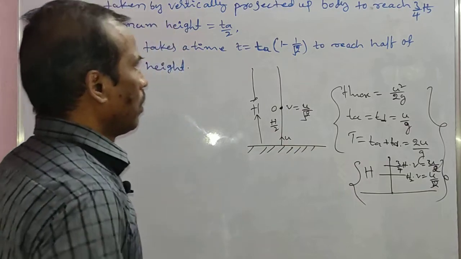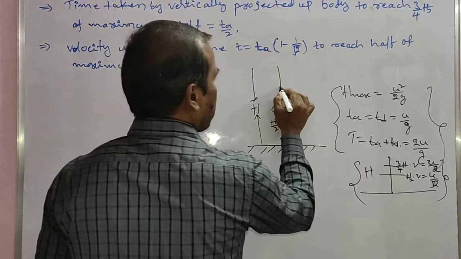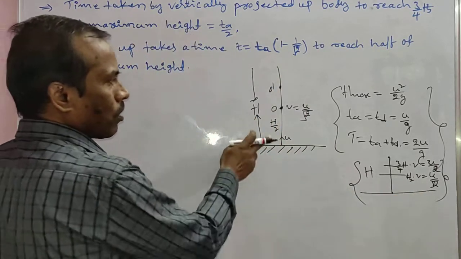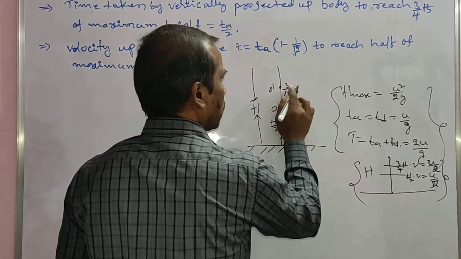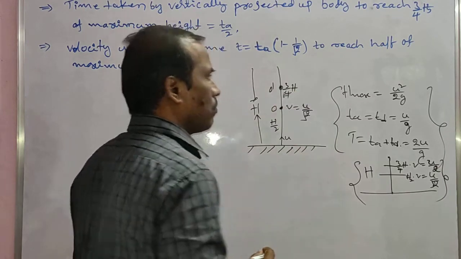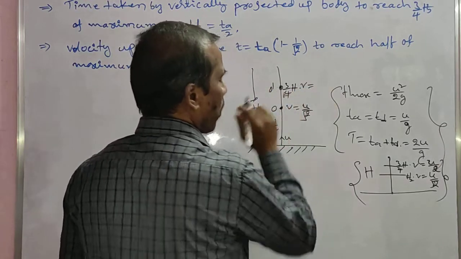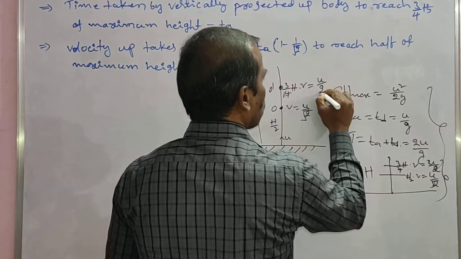Next, 3/4 of the maximum height: this point, for example O prime, is at height 3/4 h from the ground. At point O prime, the velocity is u by 2.